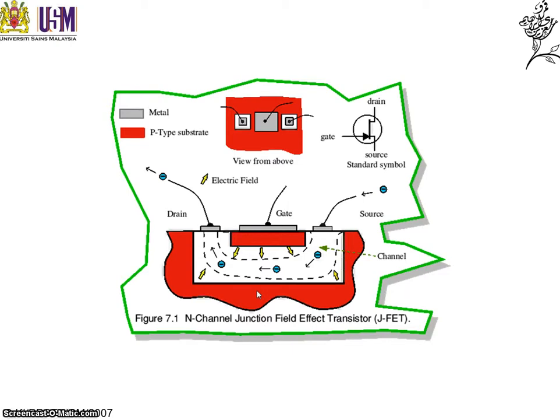Now, electrons in the n-type channel drift from left to right, from the left all the way to the right. The end of the channel from which electrons flow is called the source here. The end towards which they flow is the drain.